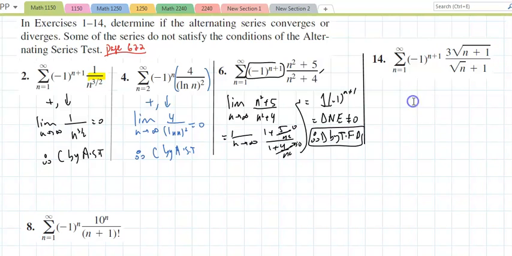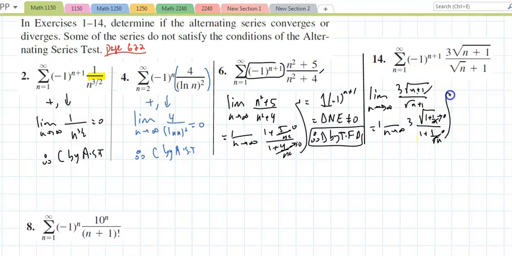If I look at number 14, I'll notice the same thing. If I take the limit as n approaches infinity of 3 square root of n plus 1 over radical n plus 1, again, I could use L'Hopital, or I could divide by the highest power term of the denominator. And if I divide this by radical n, I'll combine those. 1 plus 1 over n, that's a 0.